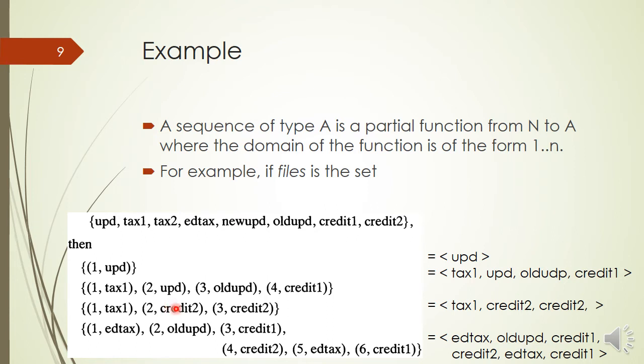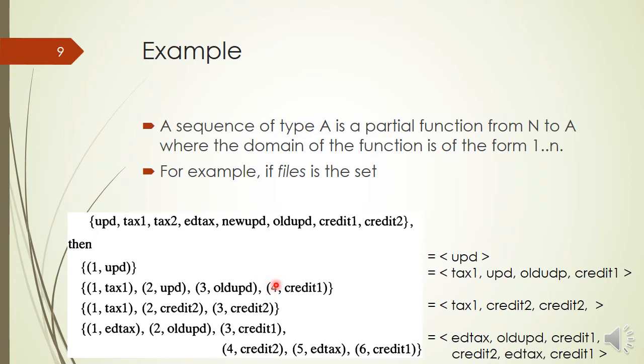And there are another two sequences with their partial function representation, or you can say ordered pair representation in a set, and this is the equivalent angle bracket representation. So it is important to note that the first element of the last ordered pair represents the length of that sequence.